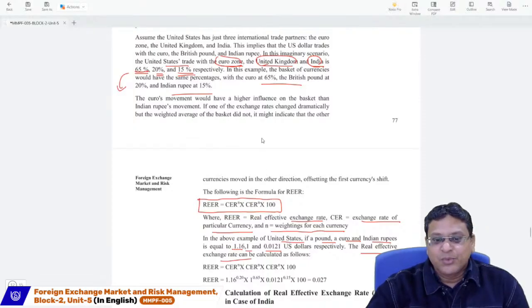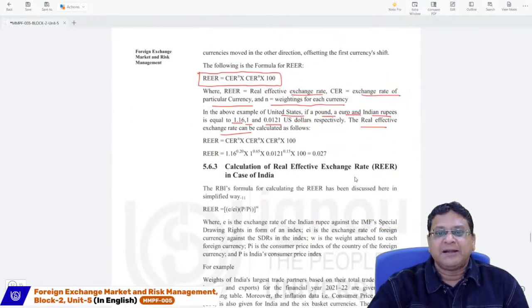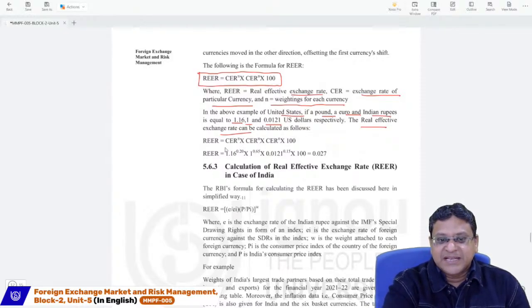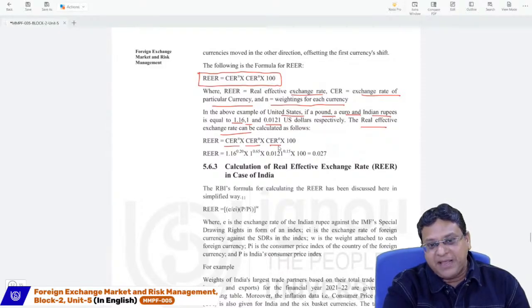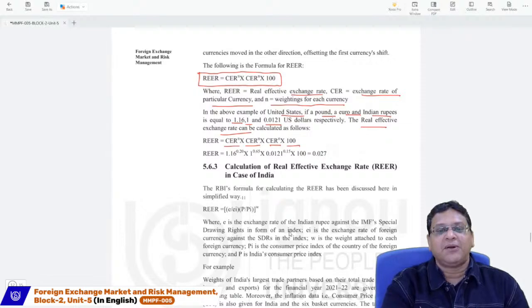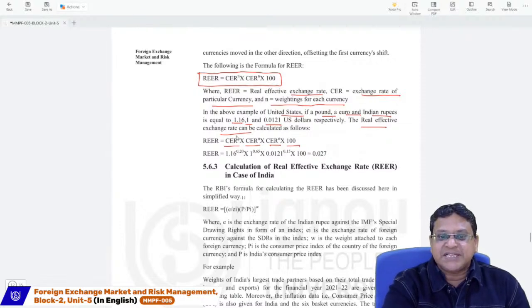So in this case, we have to just apply the formula and find out the value of REER. CR into the power n. Three countries are there, exchange rate is there, weight is there, and we have to multiply all those and multiply into 100. So first country's exchange rate is 1.16, its weight is 0.20.